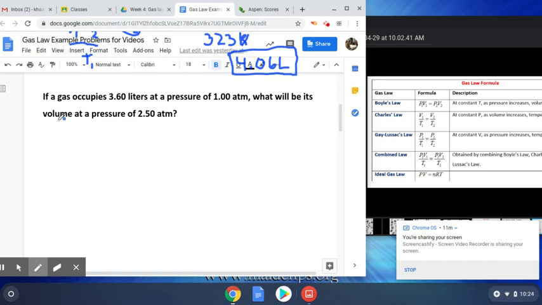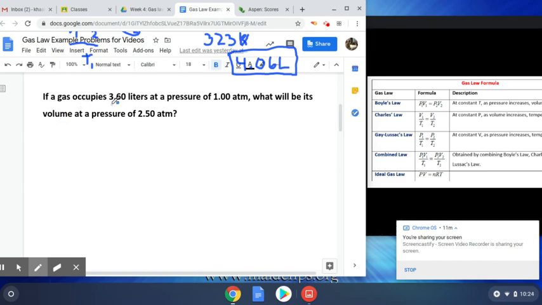Okay, so let's go back to this question. If a gas occupies 3.60 liters at a pressure of 1.00 atm, which is atmosphere, what will be its volume at a pressure of 2.50 atmospheres? Okay, now we go back and we label these.